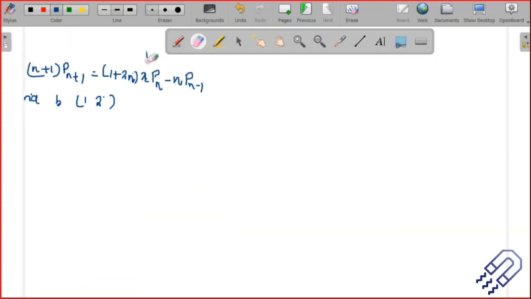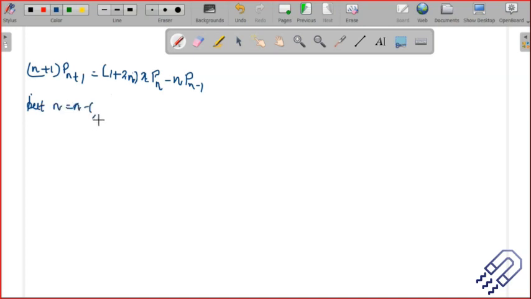So we can use relation B, let's see, and we can get relation A from relation B. Thus this is relation B, we'll put n is equal to n minus 1.